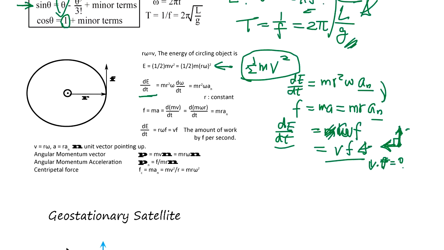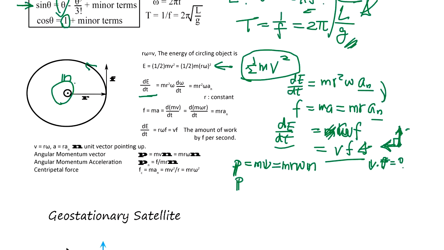Okay, now the angular momentum P equals mv, and in this case it's circling around here, so the vector is pointing up, equals m r omega n, assuming this is the n vector, right?